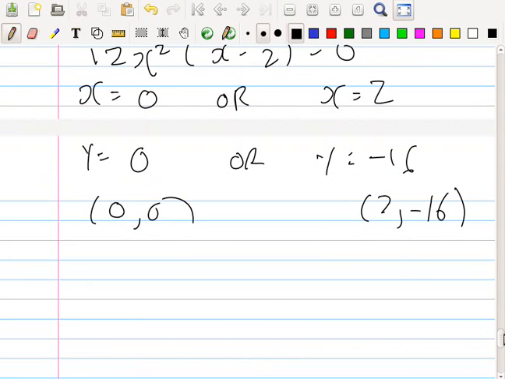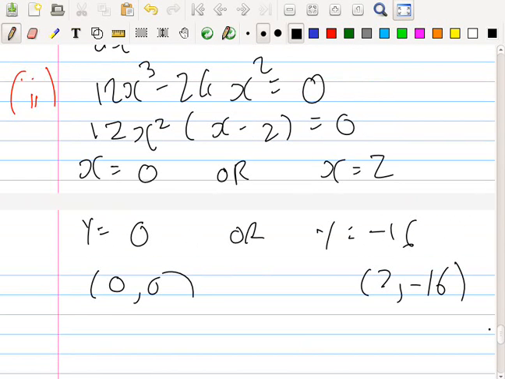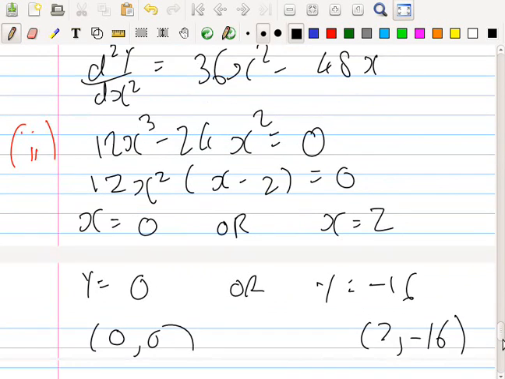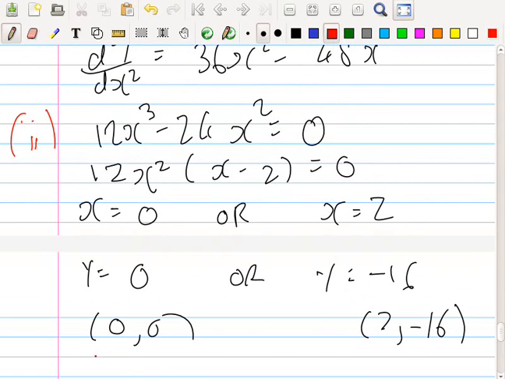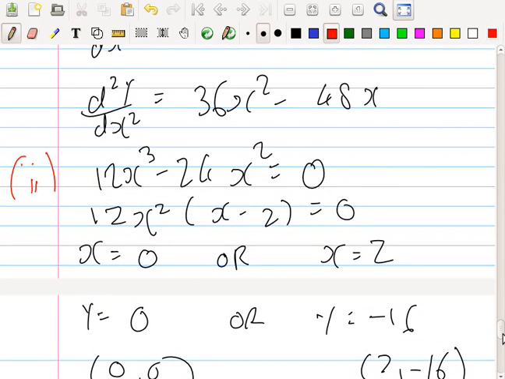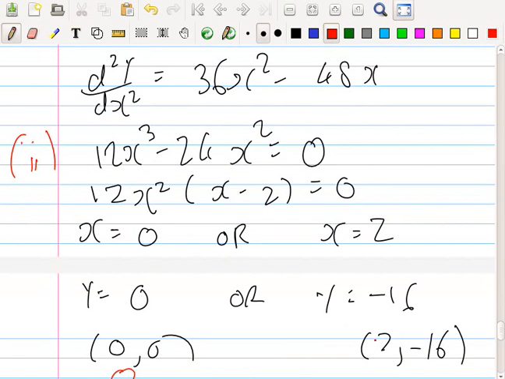Now, the next part is we need to find which is the max and which is the min. So how do you find that? You put your answer into the second derivative. So here, this will be 0. And this one here, if I put in 2, 4 times 36 minus 2 times 48, that's 48.